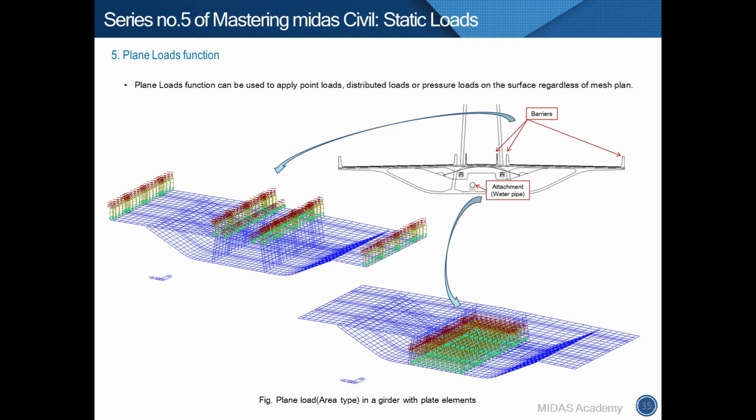This girder model has plate elements. When meshing this model, it doesn't consider loading location. Therefore, the plane load function is used because plane loads can be applied regardless of the location of nodes. So each figure shows the loading state for each dead load case.